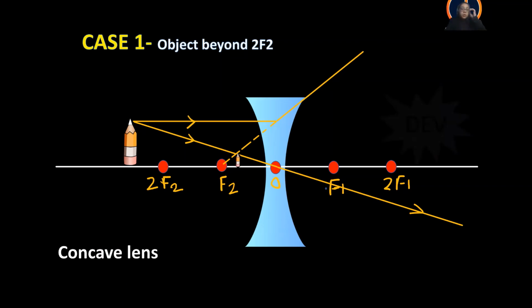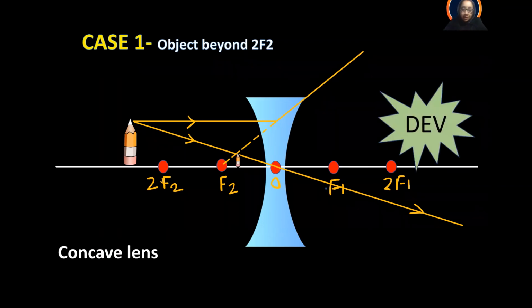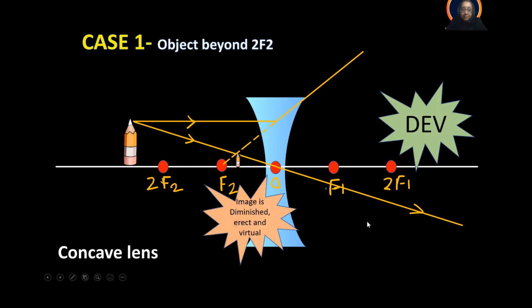Here, remember the mnemonic DEV from our previous optics chapter or video. Just like the convex mirror, the concave lens is the same. The DEV image is formed: D for diminished, E for erect, and V for virtual.